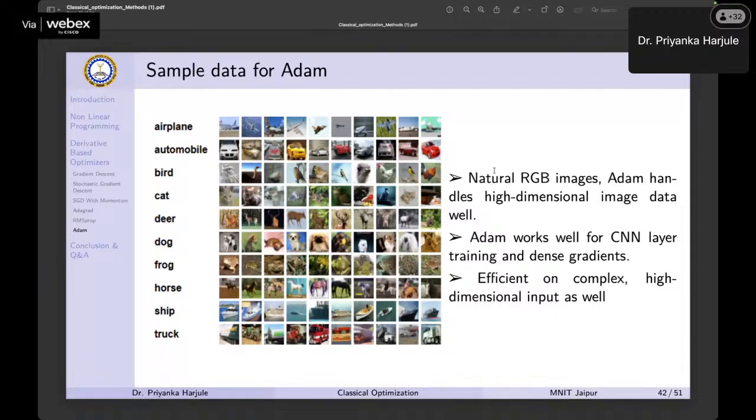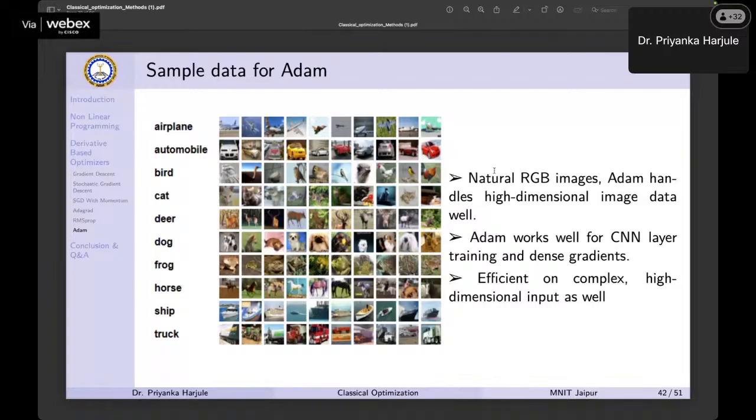It is for general purpose. Here is an example of a data set on which Adam works. Adam is used for image processing data sets where convolutional neural networks are trained, and you have very dense gradients.